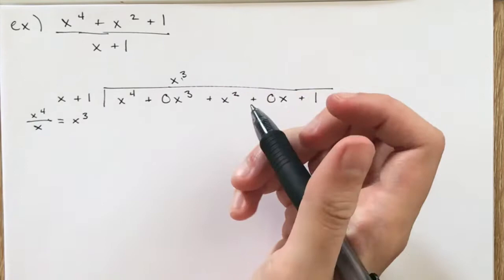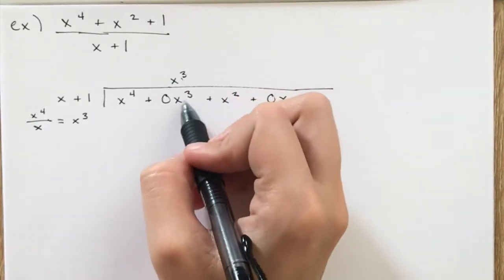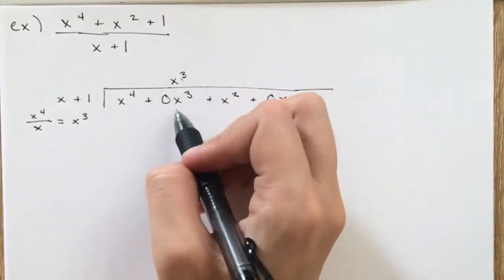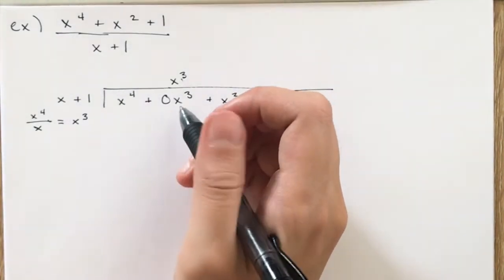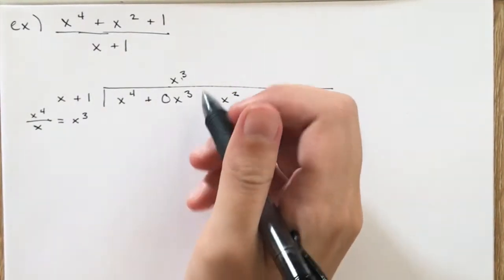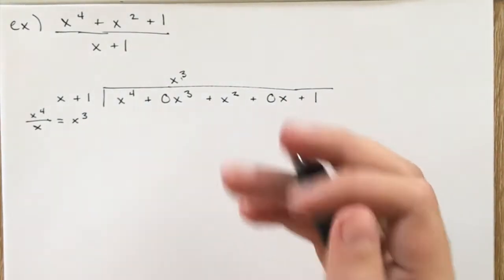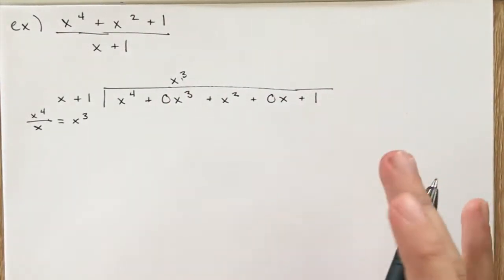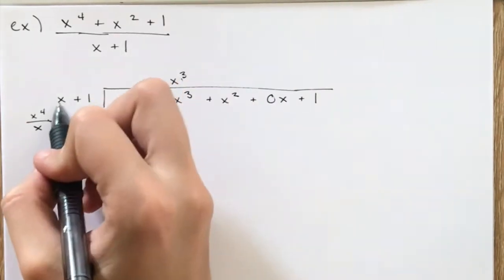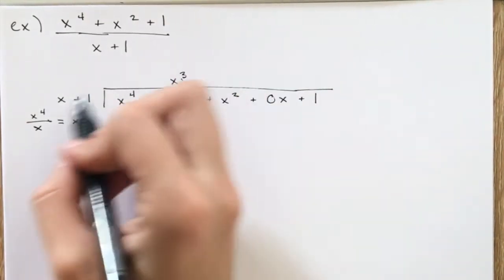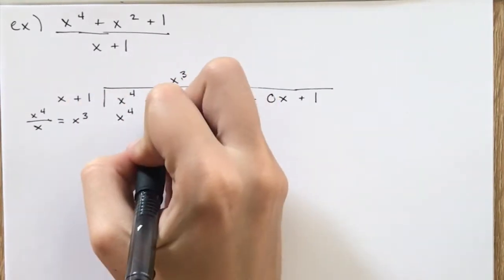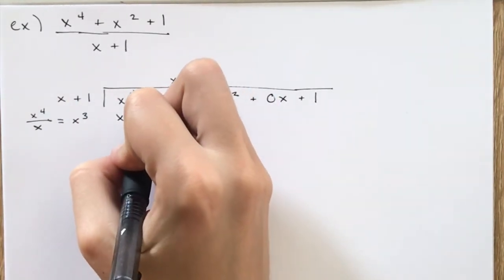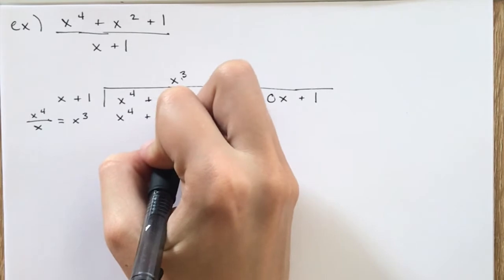It's also a way to check: if you forget that you have 0x cubed, but you're making sure you're putting like terms above like terms, you would say, oh my gosh, I don't have anywhere to put x cubed, I must have forgotten a placeholder 0. We want to multiply this by our divisor, so we have x cubed times x, which is x to the fourth, and then x cubed times 1, which is just x cubed.